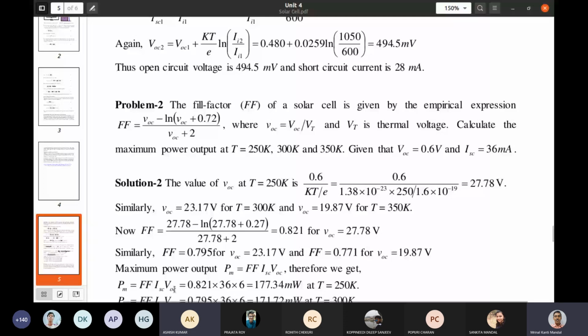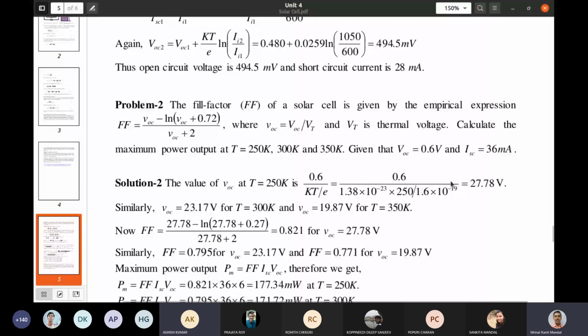So the value of VOC at T equal to 250K, that is 0.6 divided by KT by E. So VOC divided by this, that value is 27.78.